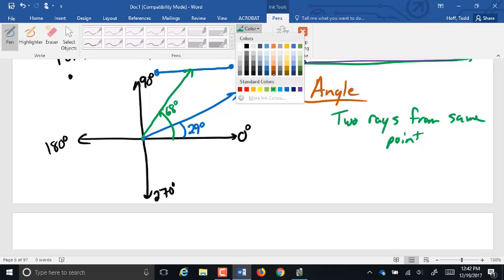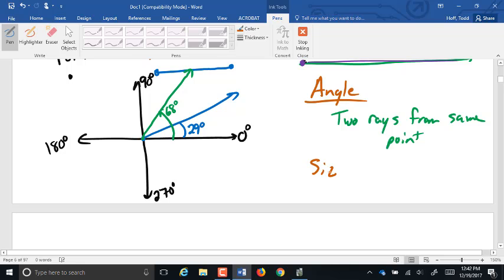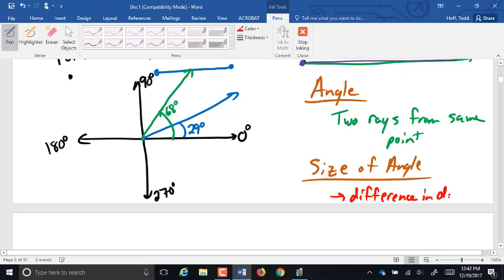The size of the angle is just the difference in direction. So here, this angle right here, we have a 68 degree and a 29 degree. We subtract those, that's 39 degrees of difference in direction. That's a 39-degree angle.